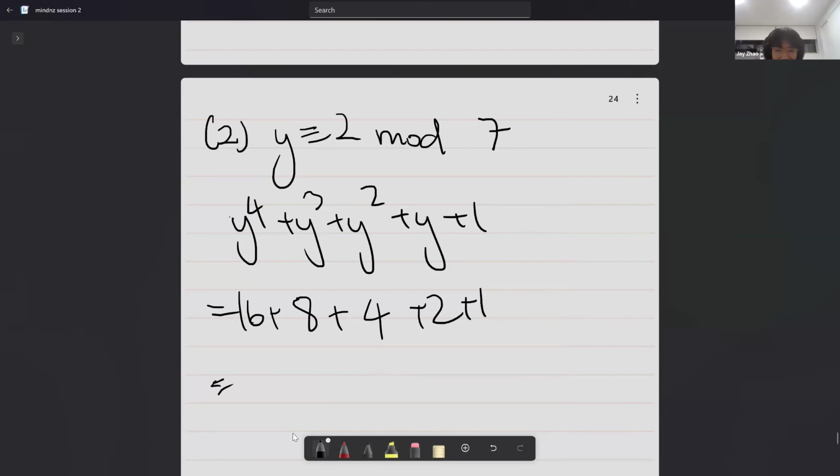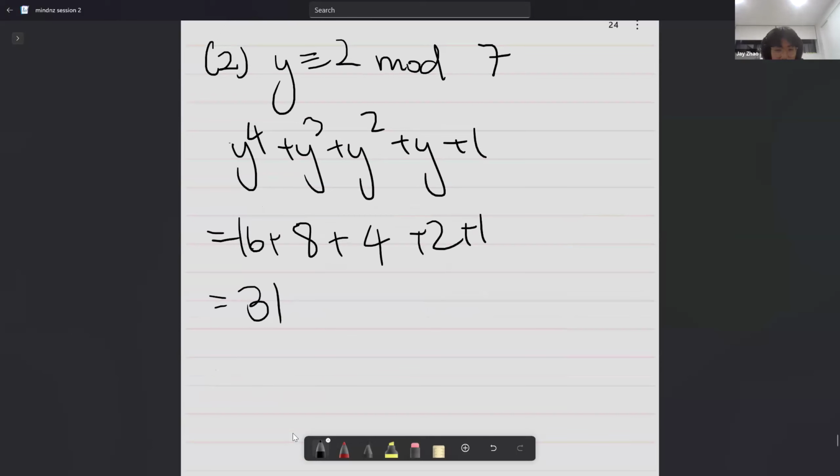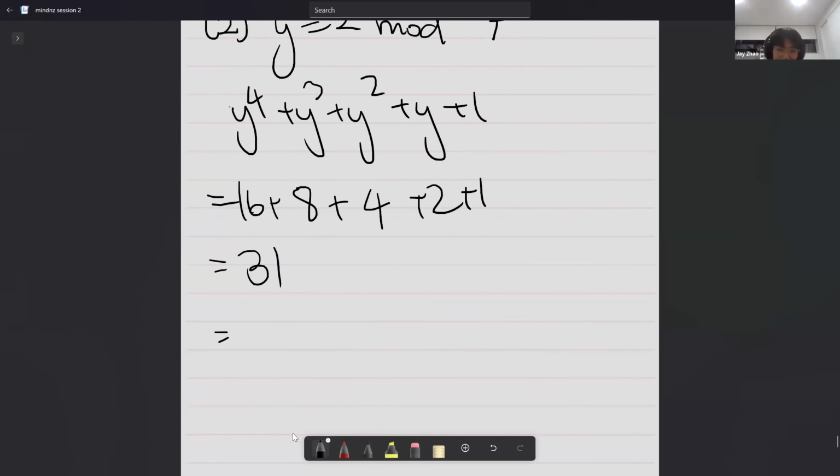I think this is equal to 31, but if I'm wrong, please correct me because I'm not very good at arithmetic. And so what is this mod 7? I think it's 4 mod 7.